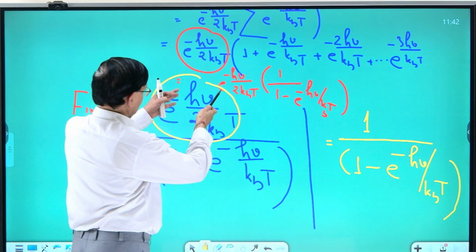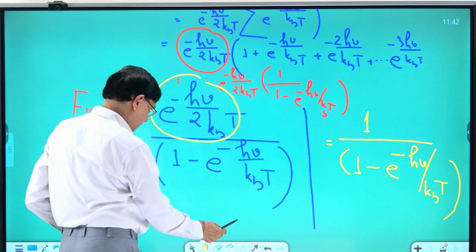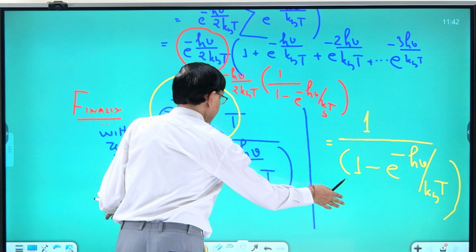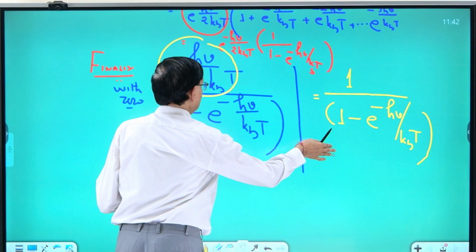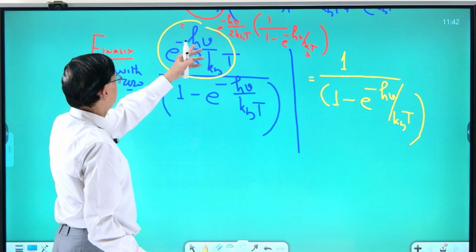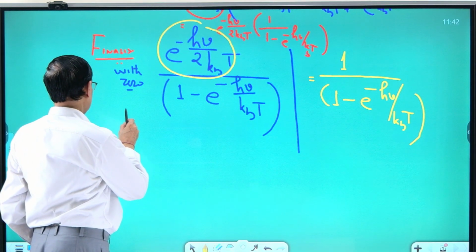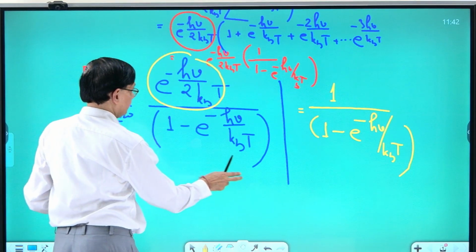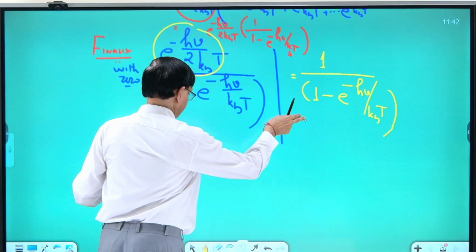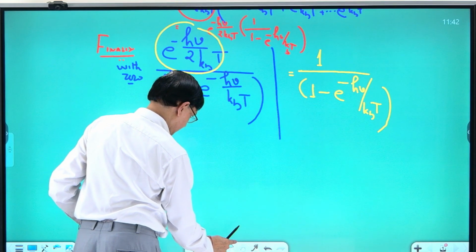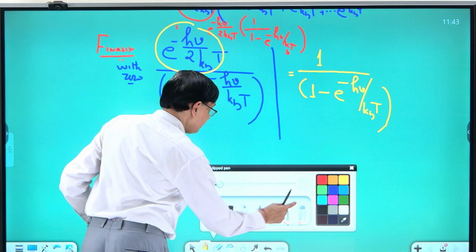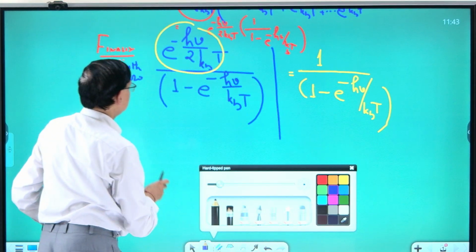And this, as I already told you, this h nu divided by 2 kT is equal to the characteristic vibrational temperature.